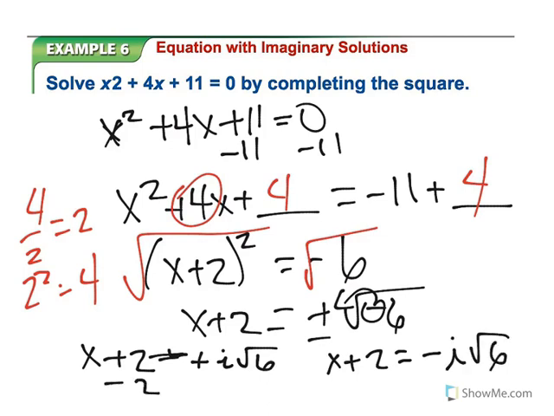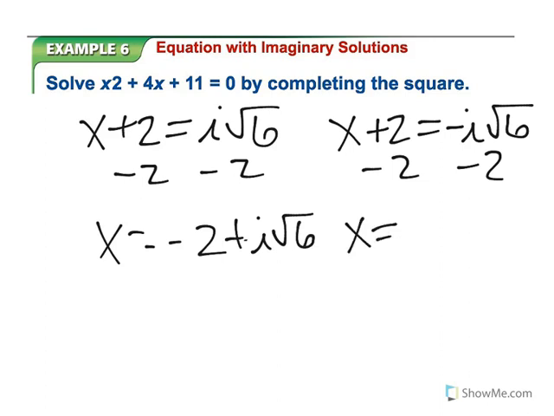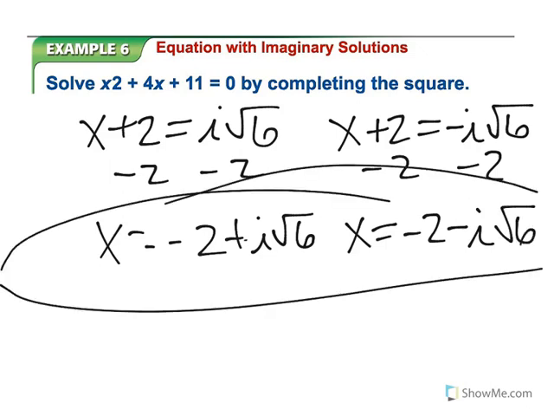If we subtract 2 from both sides, we end up getting the answer x equals negative 2 plus i square root of 6, and x is equal to negative 2 minus i square root of 6. And in this case, those are your two answers.